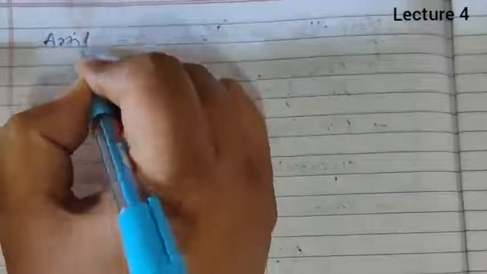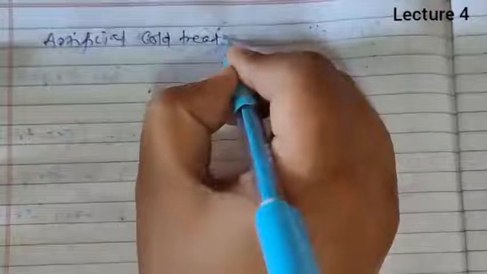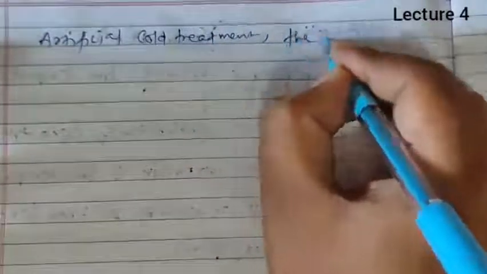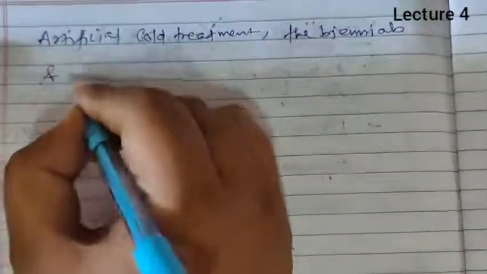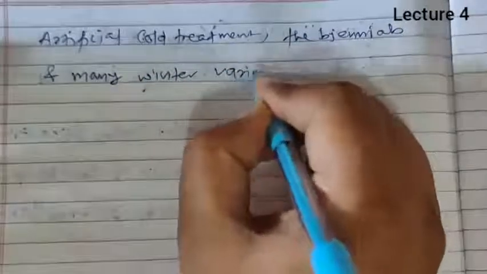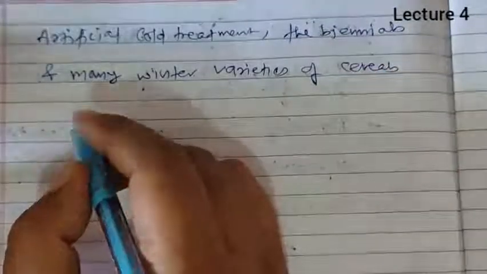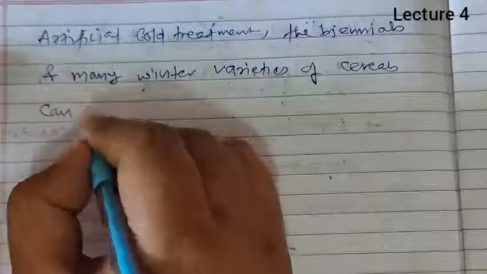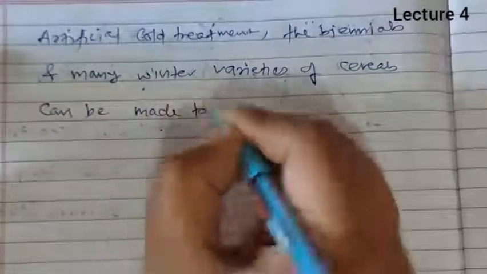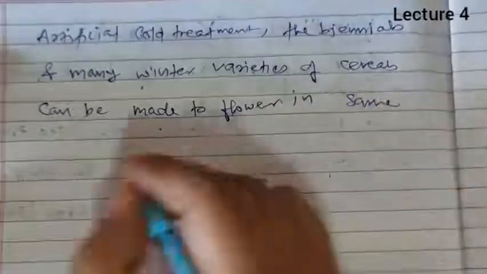So it means artificial cold treatment, the biennial and many winter varieties of cereals can be made to flower in the same season.